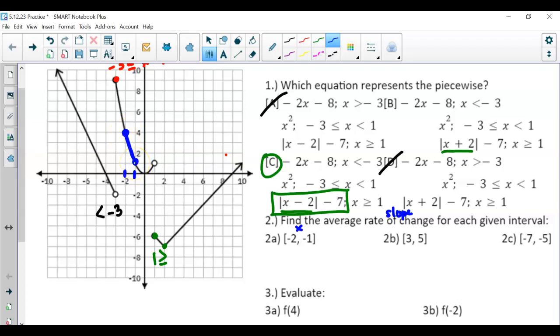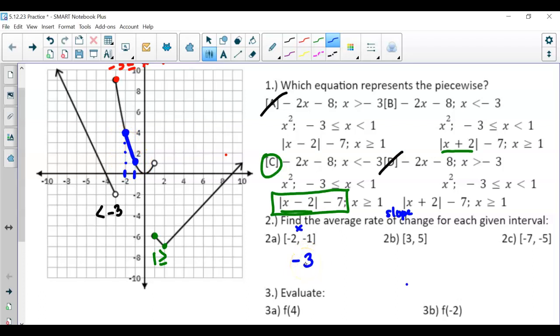Notice how this is going down, so this slope is negative. Sorry, I was about to start writing the answer, but so that you can see: negative. And then we're going down 3, 1, 2, 3 over 1. So down 3 over 1, that's why the slope is -3.